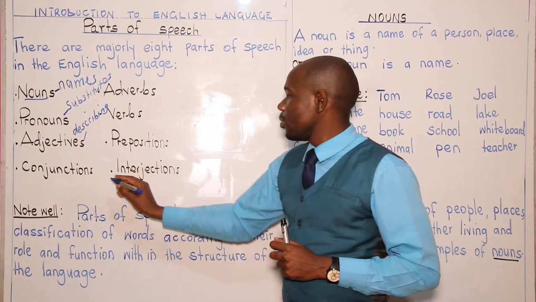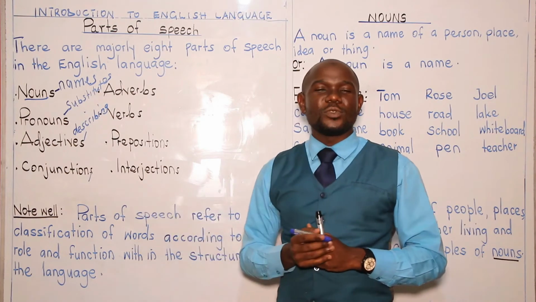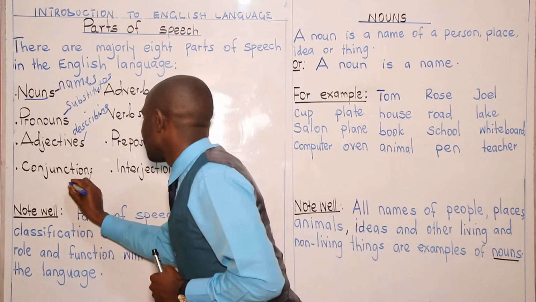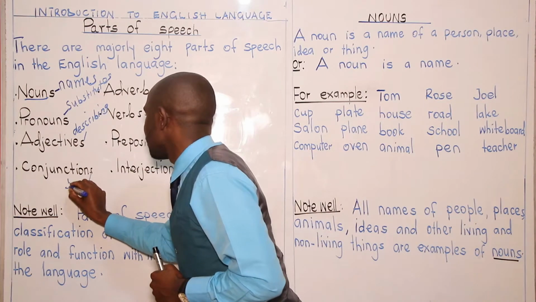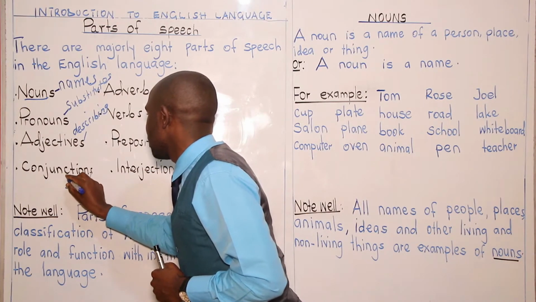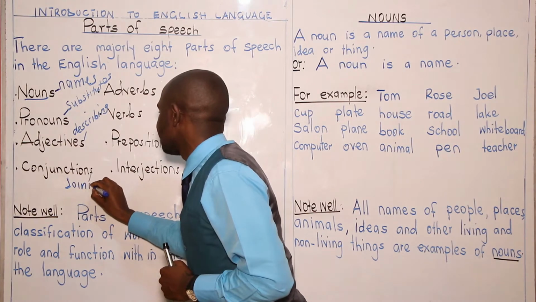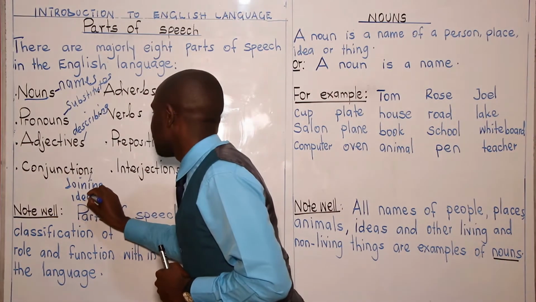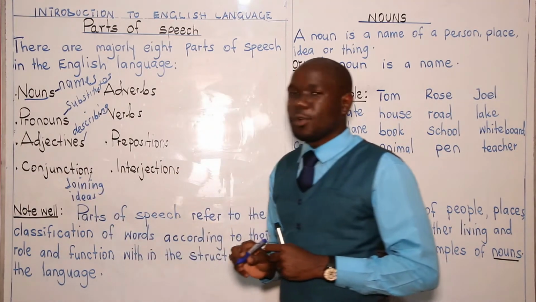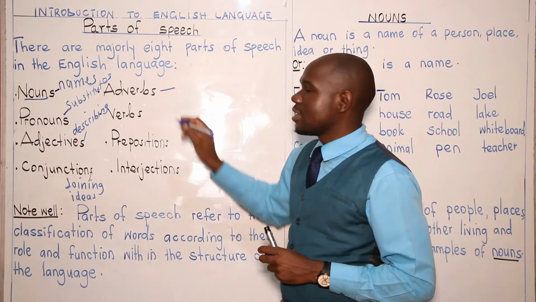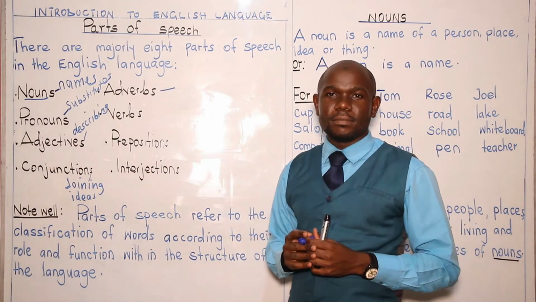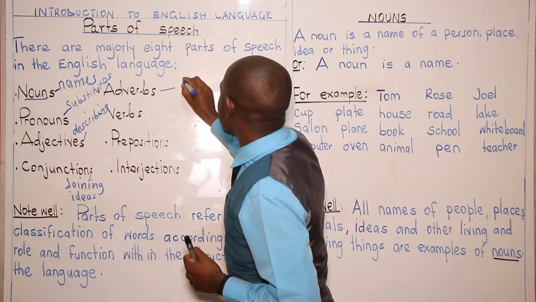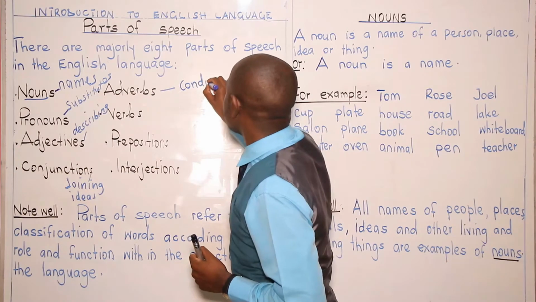When it comes to conjunctions, this is when we shall be joining ideas. Here we talk about joining ideas. When we go to adverbs, we shall be talking about conditions.